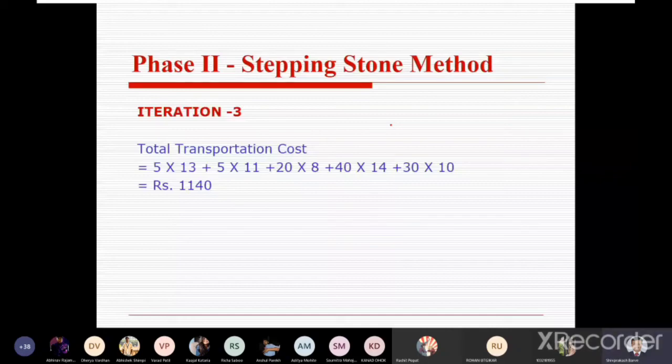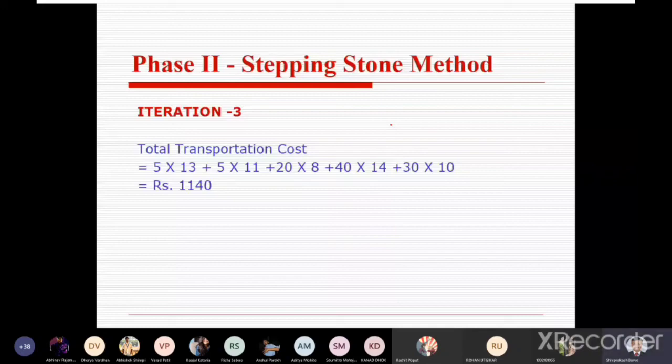Phase one is for the initial feasible solution, and phase two is for the optimization solution. Whether it is asked or not, your task is to use both phases and find the optimum solution. If you use only the initial feasible solution, you are solving only 50% of the problem, and you will get 50% marks only.